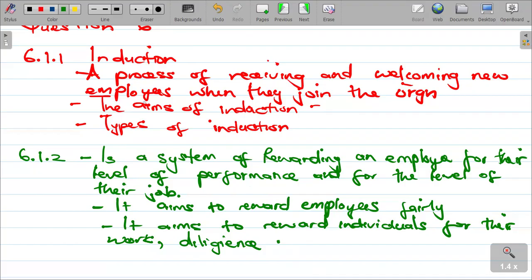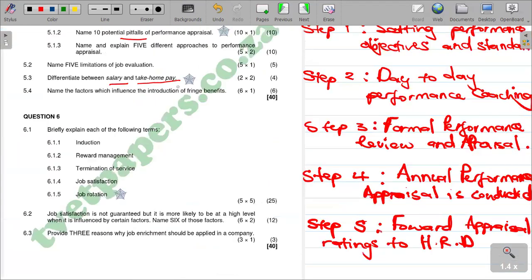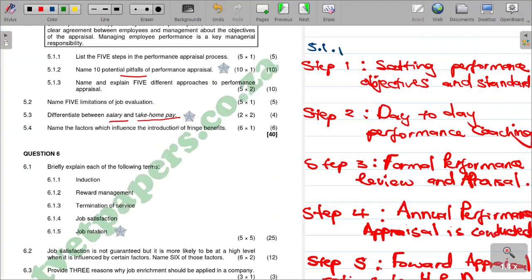So let's move on to the next question, which is question 6.1.3, termination of service.